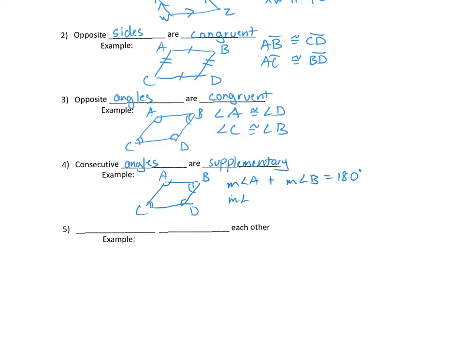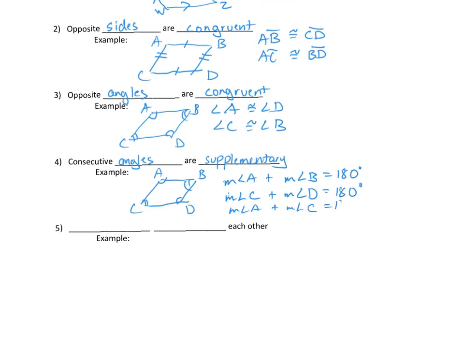The measure of angle C plus the measure of angle D, also 180 degrees. Same thing with the other ones. The measure of angle A and C should equal 180, and then also B and D should also equal 180 degrees.